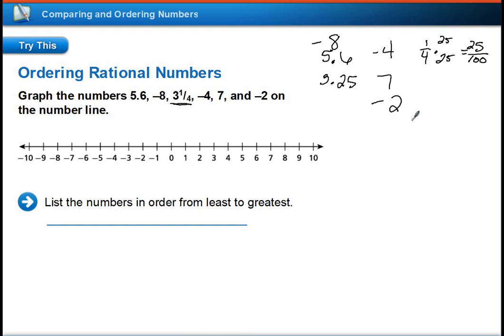Now looking at this, I should be able to determine what's least and greatest without converting all of my fractions to decimals, because my whole numbers are all different, meaning the number in front of the decimal, or the integer.